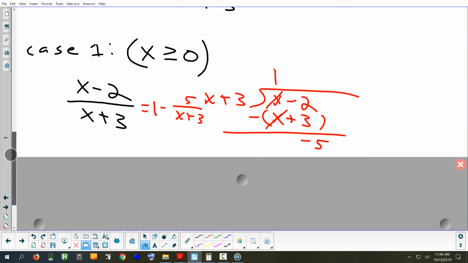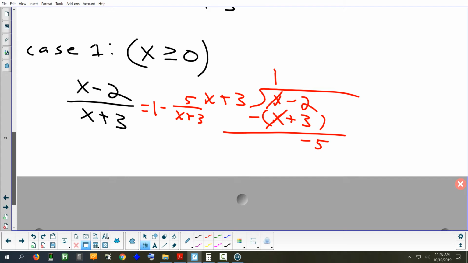All right. So now we can look at what happens here. What happens to this fraction as x gets huge? It gets smaller. How small? Really small. Can you tell me what it approaches?